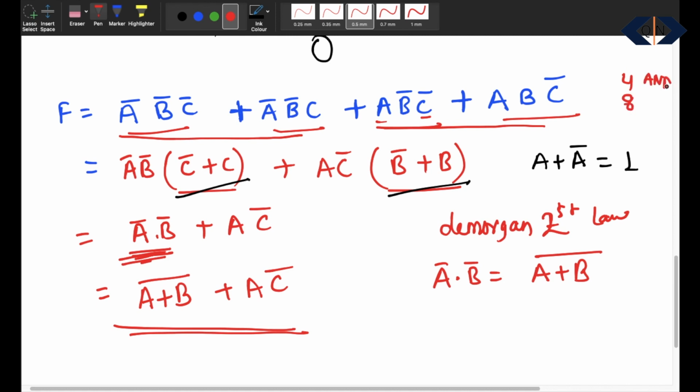This is AND gate, this is NOT gate, and how many OR gates? We can use it one time only. So 1 OR gate we are utilizing. So from here you can say that we are in total utilizing 8 plus 4 plus 1.